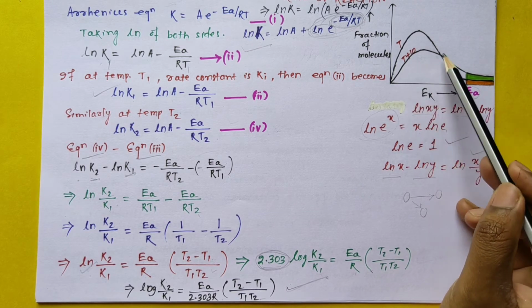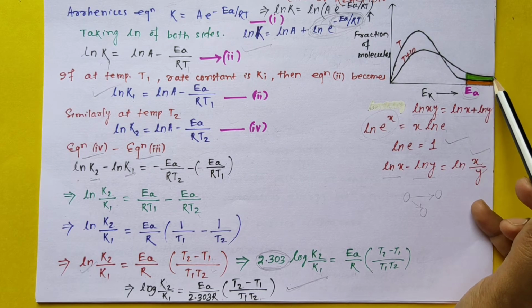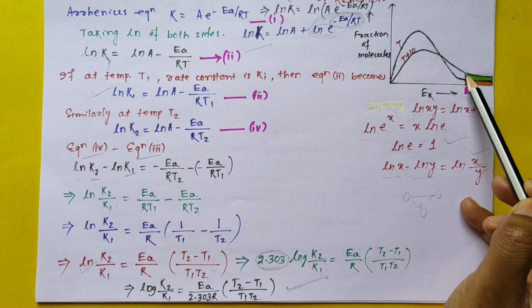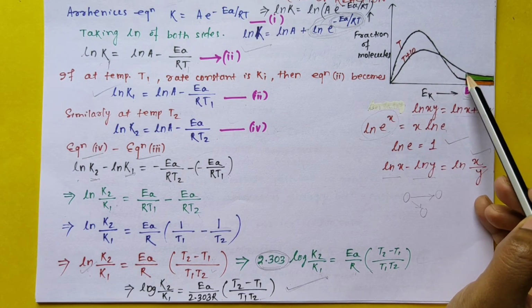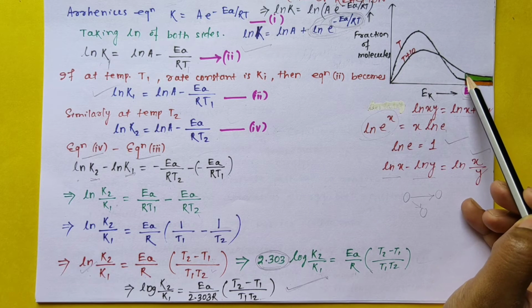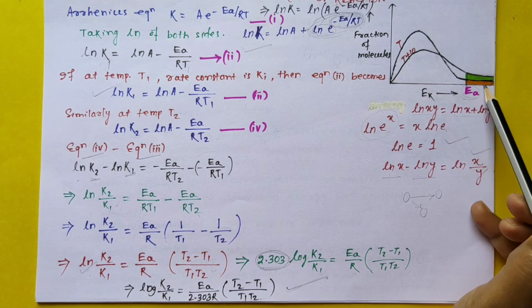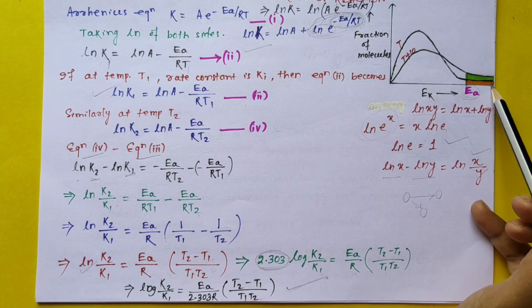That means the curve is flattened. That means more molecules will undergo reaction to form the products. So when the temperature increases, the number of molecules having energy more than activation energy increases and they undergo chemical reaction to form the product.